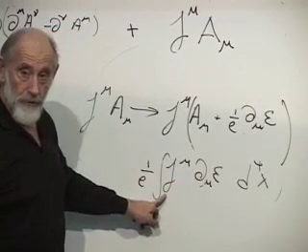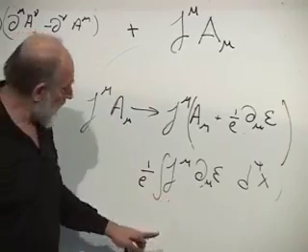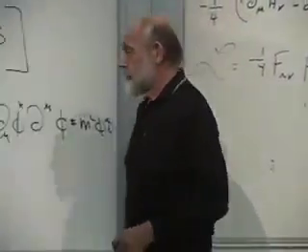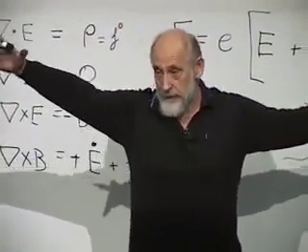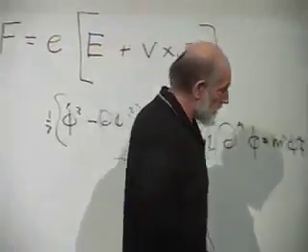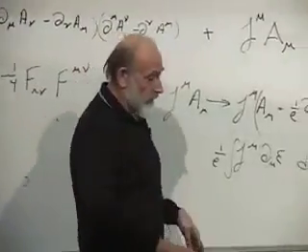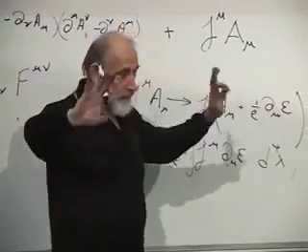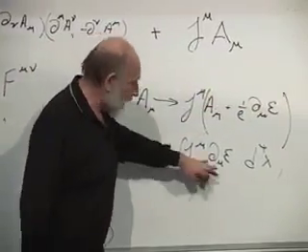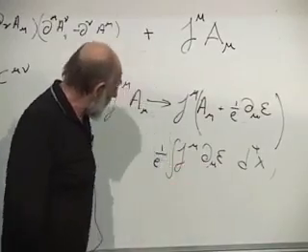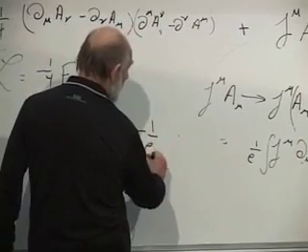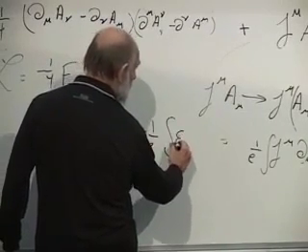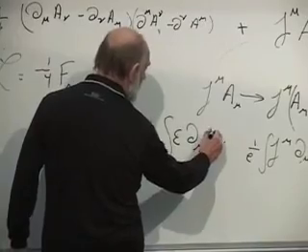Is integration by parts familiar to everybody? It's an identity. Yes, you get a surface term, but let's imagine integrating over all space-time to calculate the action over all space-time. Assuming that very far away the fields and the currents become 0, this is equal to minus 1 over e, the integral of ε times ∂_μ j^μ.